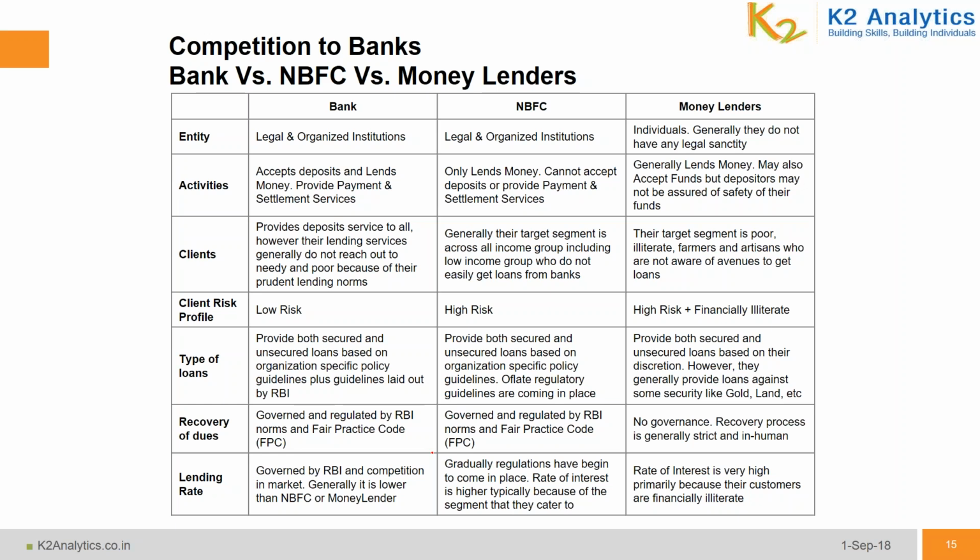But at one point in history, when NBFCs were not there and banks had not percolated to every corner of the country, the void left by banks was overcome or facilitated by money lenders.